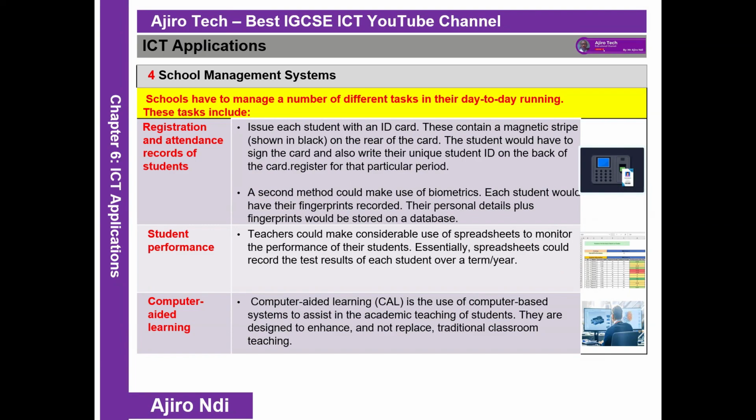I'm just giving you a heads up. So every early morning you come to school, and using the magnetic stripe reader, you swipe your card and then put in your PIN, and that would automatically register you present for the day.